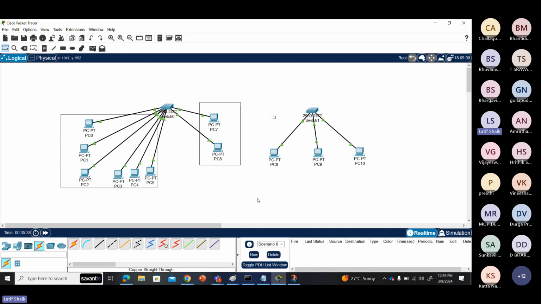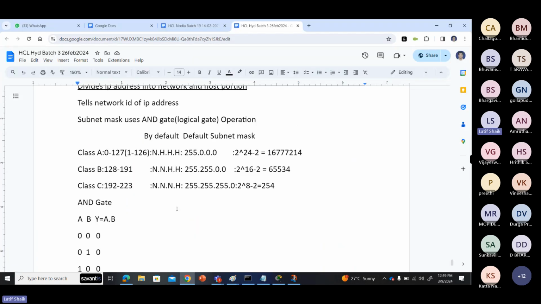So how does the system understand whether the network ID is the same using the subnet mask? The default subnet mask for class A is 255.0.0.0, class B is 255.255.0.0, and class C is 255.255.255.0. The system calculates using AND gate operations.